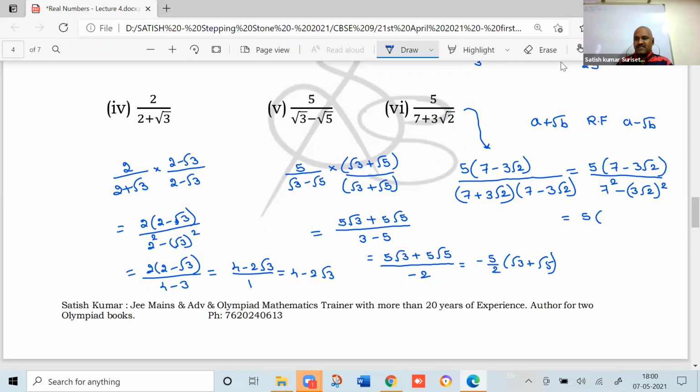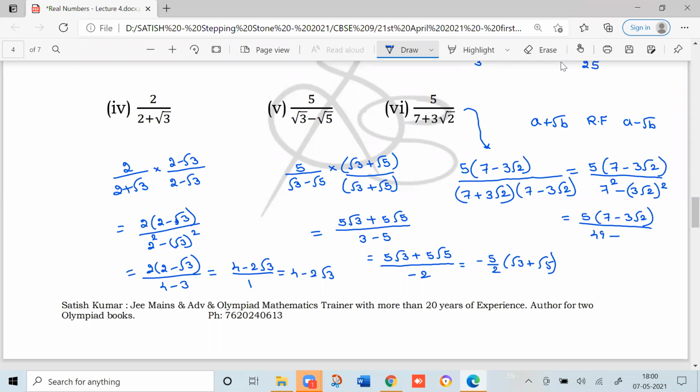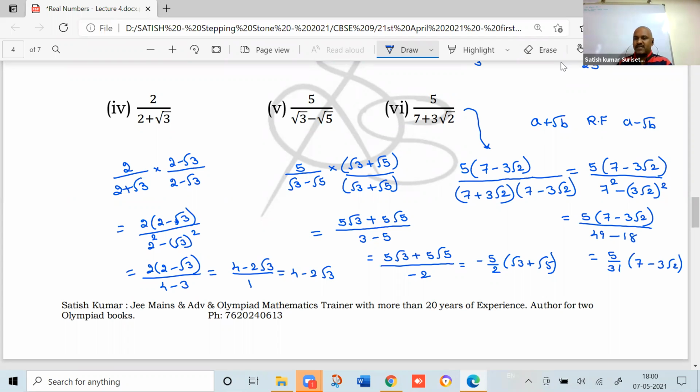What is 7 square? 49. What is 3 root 2 whole square? 18. Now 49 minus 18 is 31. So I can write directly 5 upon 31 into 7 minus 3 root 2. Always you can take the common factor outside instead of multiplying inside.